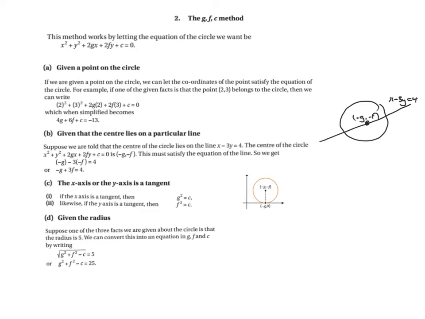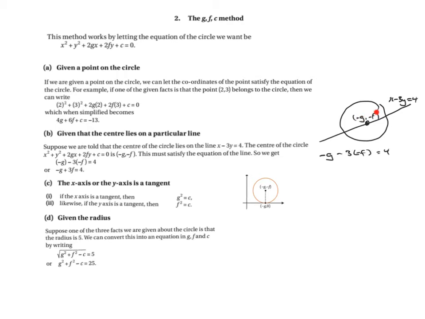Okay, so that now means that we know it's on this equation of the line, which means that the x value is minus g when the y value is minus f. So I can say that minus g minus 3 lots of minus f is equal to 4. That came from this.